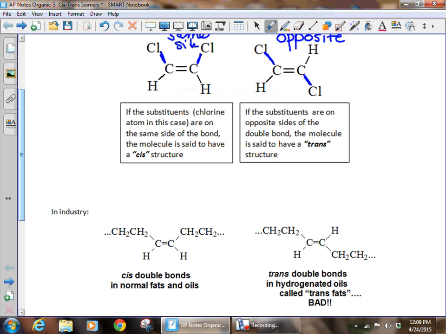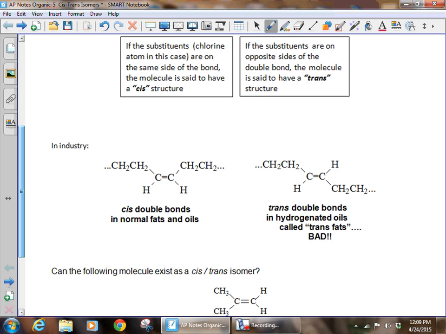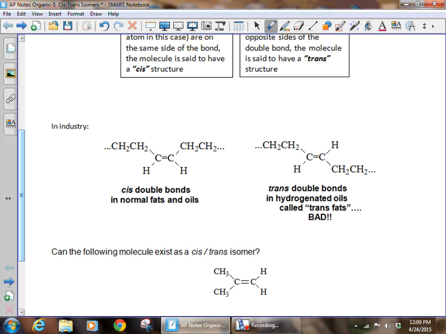So let's look at somewhere where this has been getting a lot of news in the last few years. Trans fats. Normal fats and oils are cis fats and oils. They have all of their structures on the same side. They act differently in the body than the trans ones. Look what happens here.